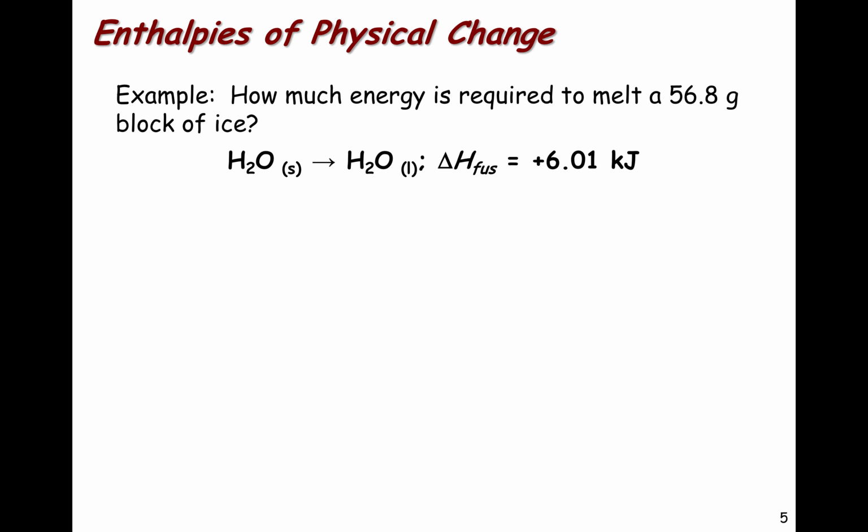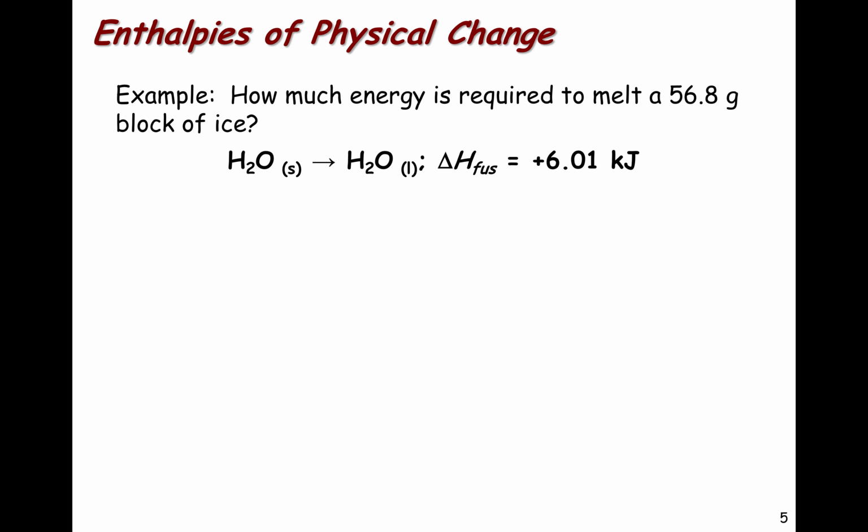As an example of how to use the heat of a particular reaction in a calculation, we have a question that says, how much heat is required to melt 56.8 grams of a block of ice? In this case, the reaction involved is a physical reaction where solid water or ice is converted into an equivalent amount of liquid water.